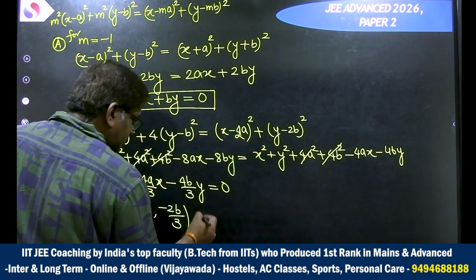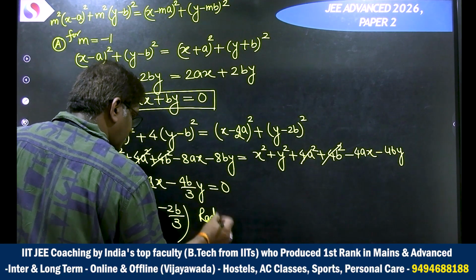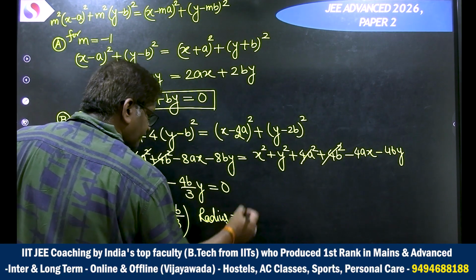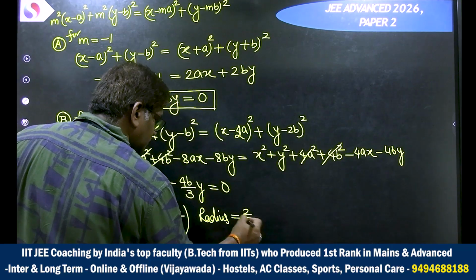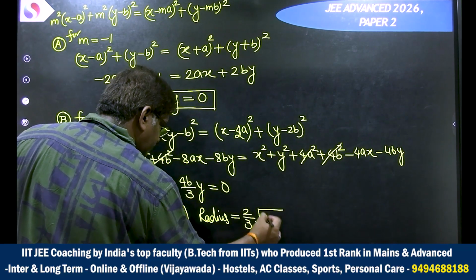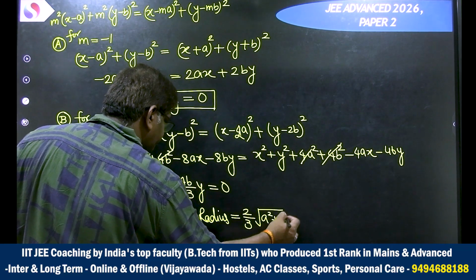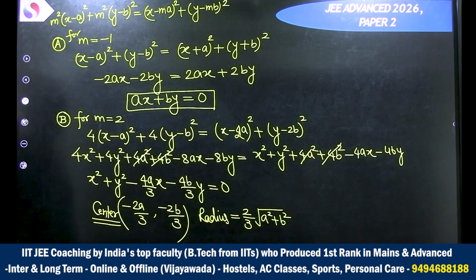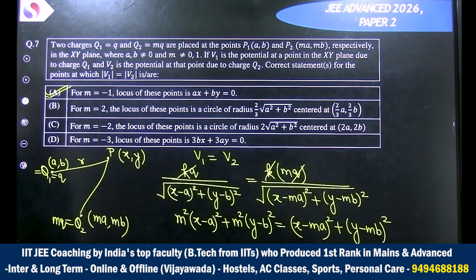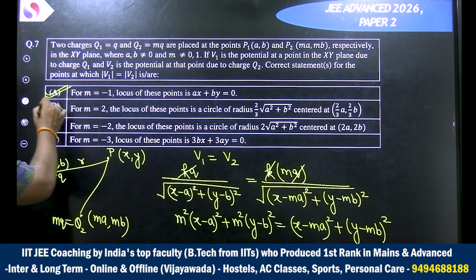And if I am talking about its radius, it is under root of g square plus f square minus c. So 2 by 3 is common. G square plus f square will give you a square plus b square. All right. And if you check, obviously it goes with option 2. 2a by 3 and 2b by 3 are the centers. Radius will be 2 by 3 under root of a square plus b square. So option B is also right.